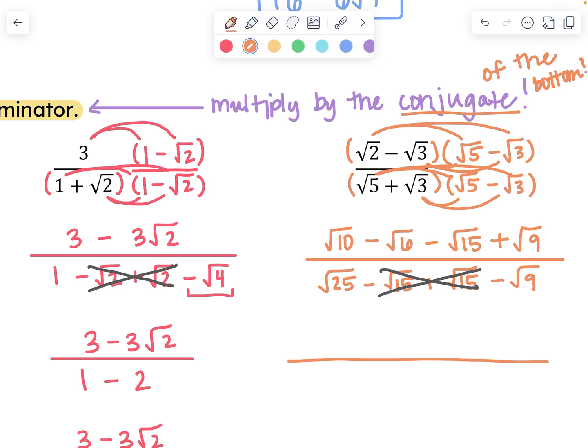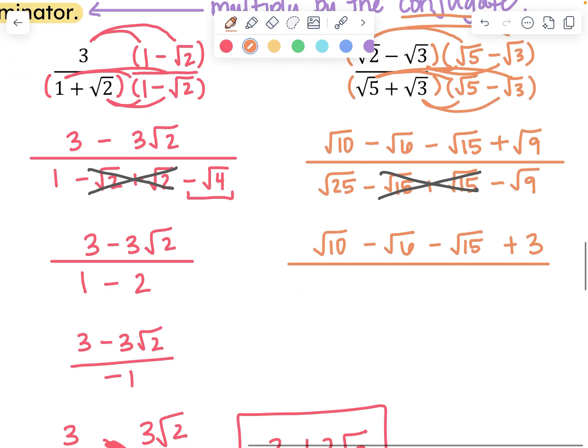On the top, there's not really much that we can do other than simplify that square root of 9. It's going to be the square root of 10 minus the square root of 6 minus the square root of 15 plus, and the square root of 9 is just 3. On the bottom, I have a square root of 25, which is 5, and then I've got minus the square root of 9, so minus 3.